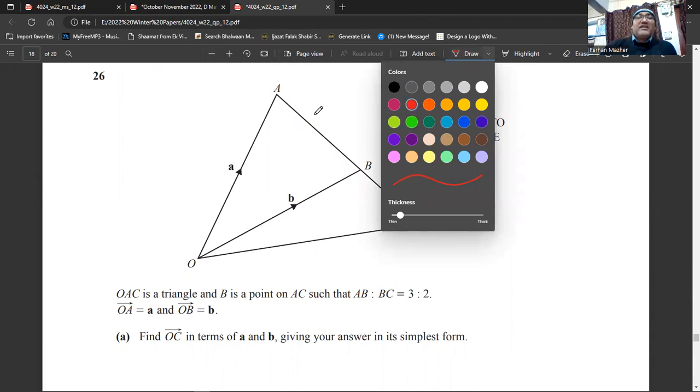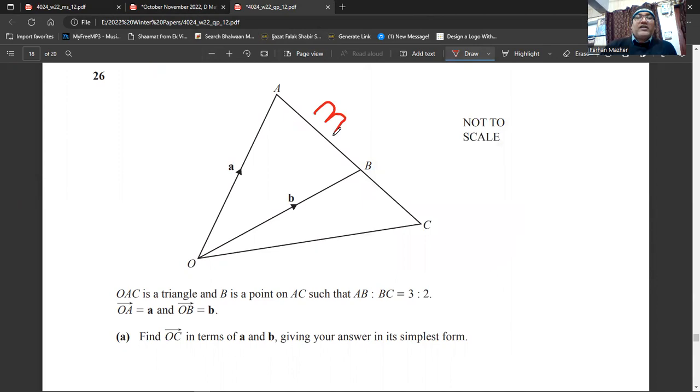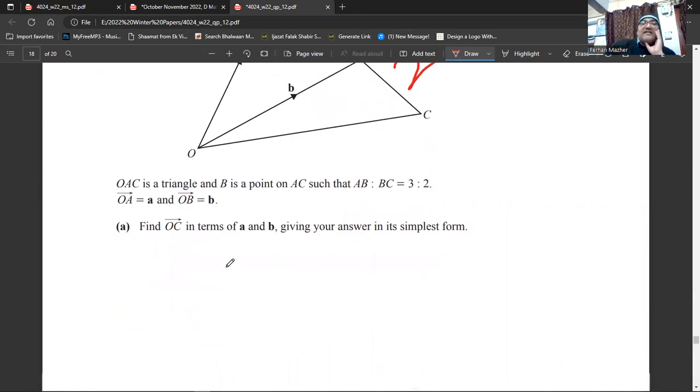Remember this: if AB is 3, then BC is 2, and the whole thing will be 5. Then AO is a and OB is b. Find the OC in terms of a and b, giving your answer in the simplest form.